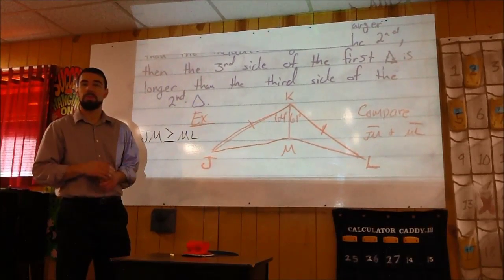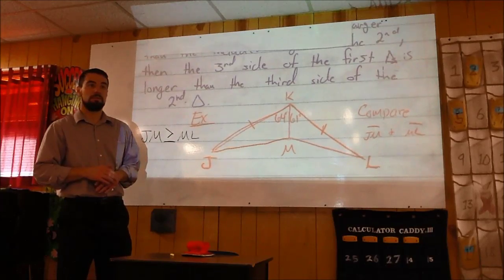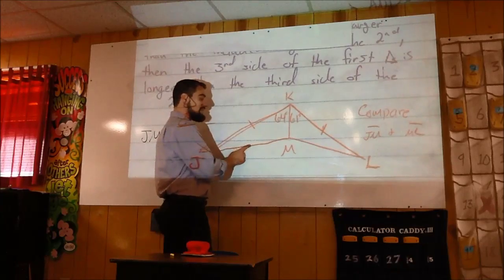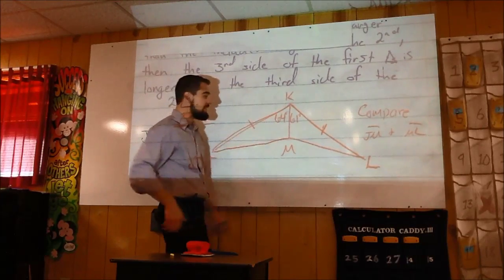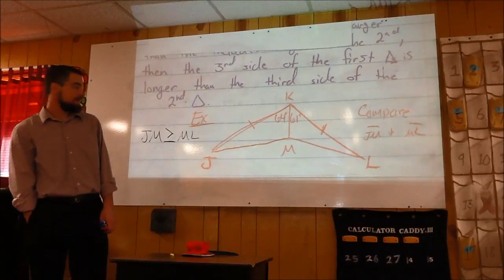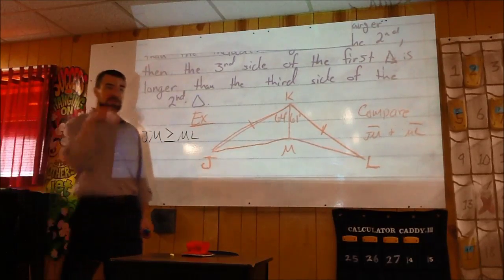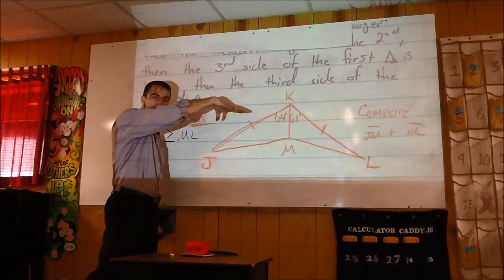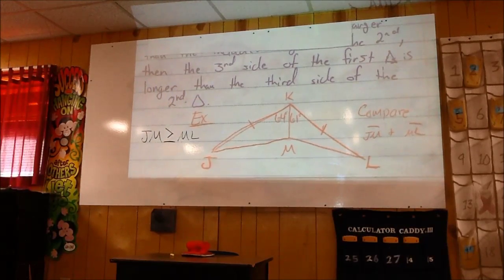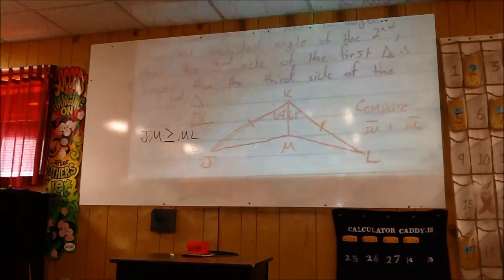Why? Because its opposite angle is greater than segment ML's opposite angle. Yep. 64 is bigger. So since 64 is bigger, it's going to open up more, making that larger. You'll have questions like that on your homework and on the quiz next class.